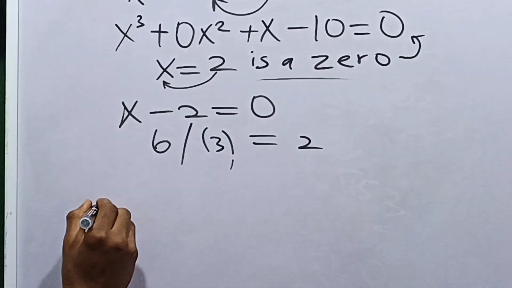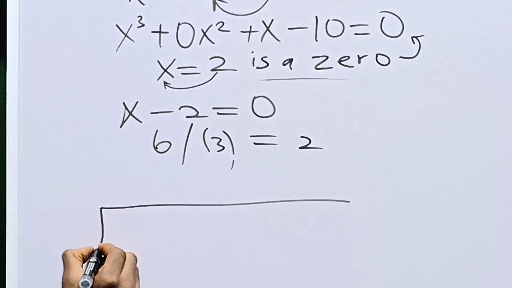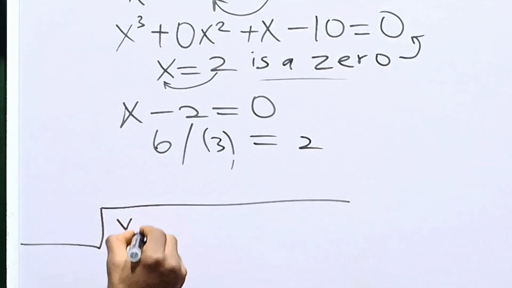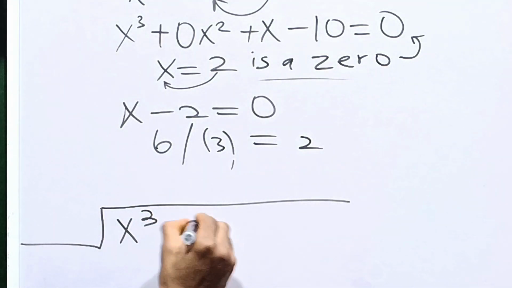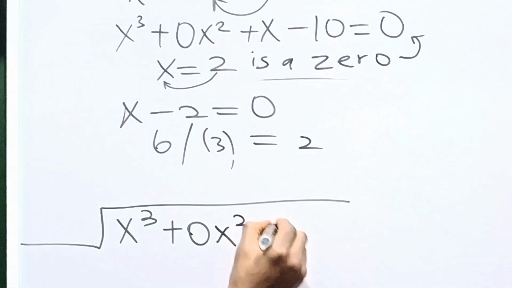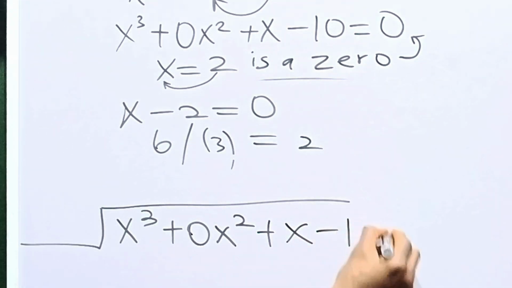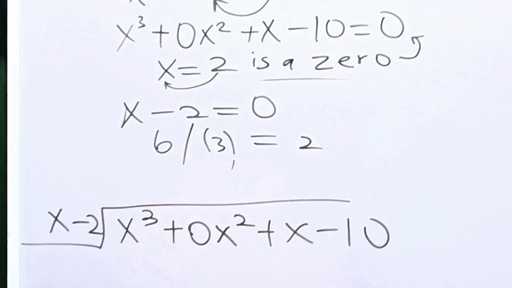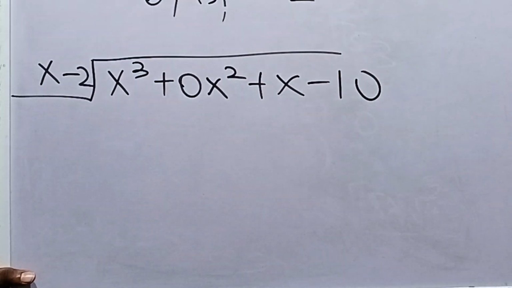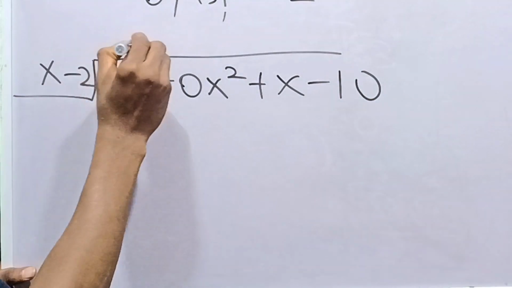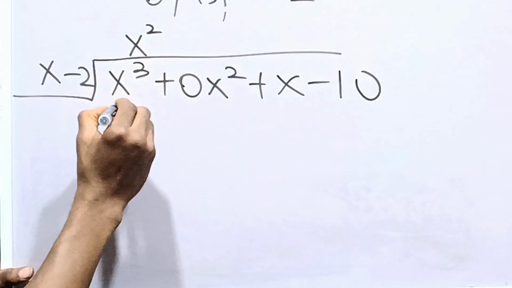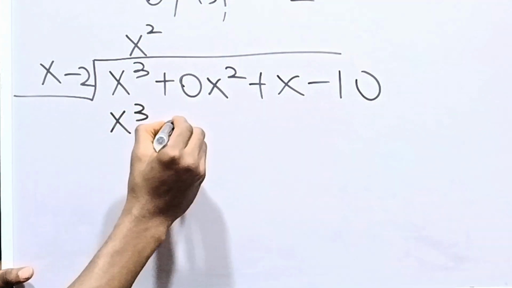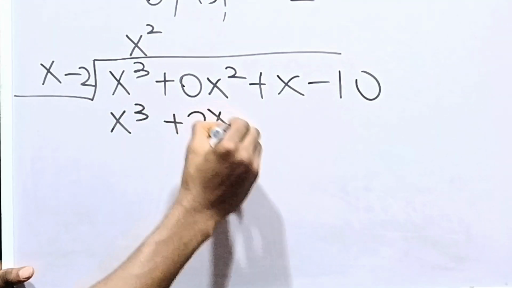When we divide 6 by its factor, which is 3, we will get 2. With this same knowledge, when we divide x cubed plus 0x squared plus x minus 10 by x minus 2, we should get the quotient as the next factor. Alright? So we have x cubed divided by x is x squared. When you multiply, you have x cubed plus 2x squared.